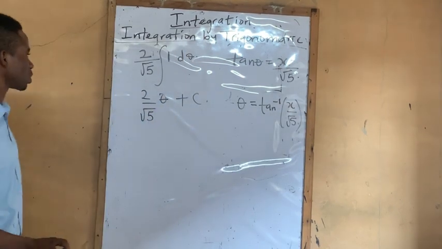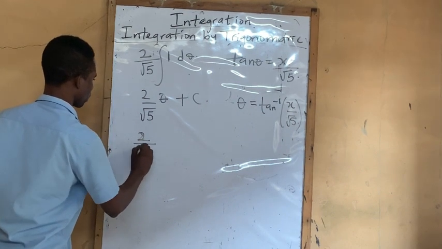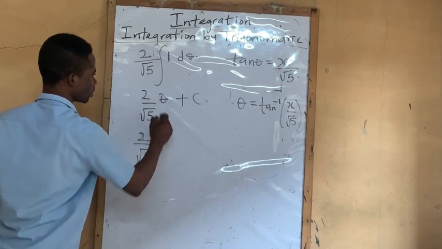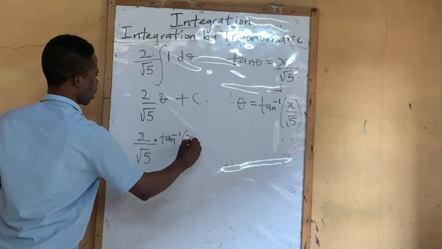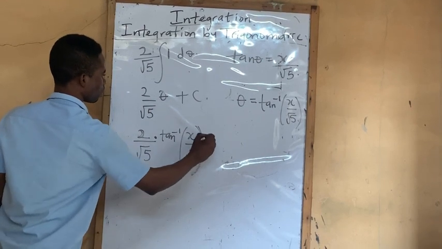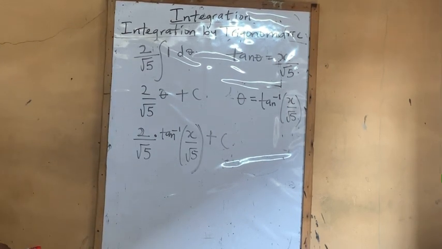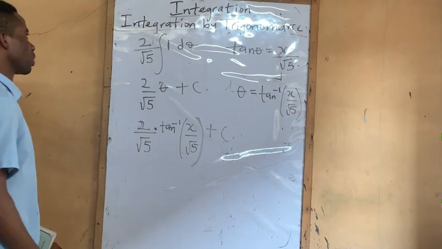So I'm going to substitute that for that. That means 2 all over square root of 5 multiplied by tan inverse of x all over root 5, plus c. So that is the answer for that.